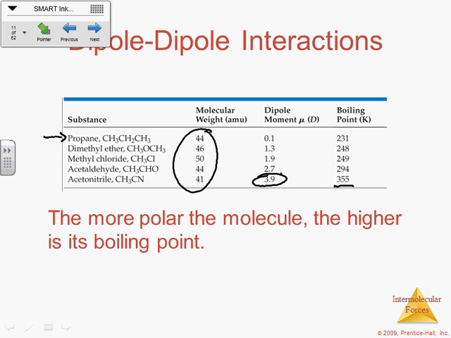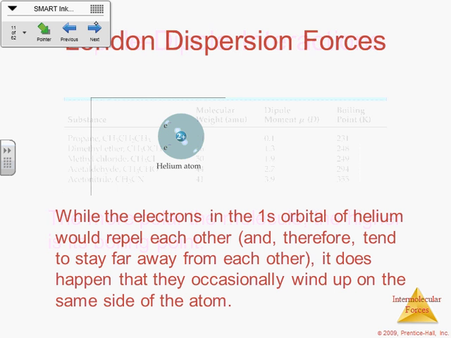You know, HCl, the chlorine is always going to pull the electrons closer to itself. So there's always going to be a partial negative charge on the chlorine side of that molecule, and there's always going to be a little bit of a positive charge on the hydrogen side. So that's an example of a permanent dipole.